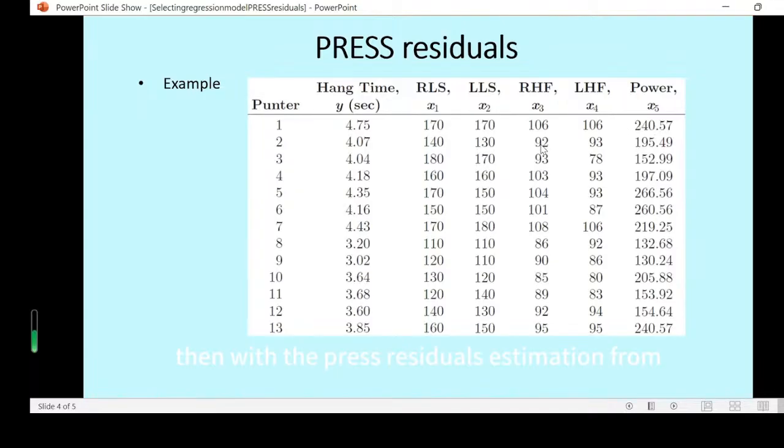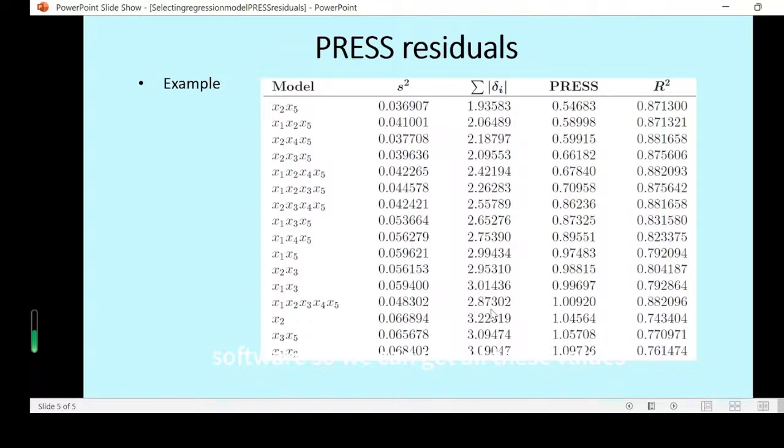With the PRESS residual estimation from software, we can get all these values: the absolute value of the PRESS residuals, the sum of squares of the PRESS residuals, then R squared. From these criteria, we can choose the best one, because it has the highest R squared and the lowest PRESS residuals. This means the final model will have only 2 variables, x2 and x5, in the regression.